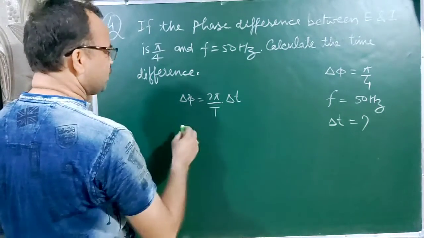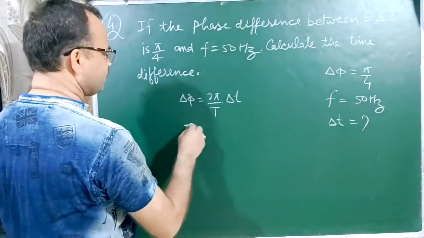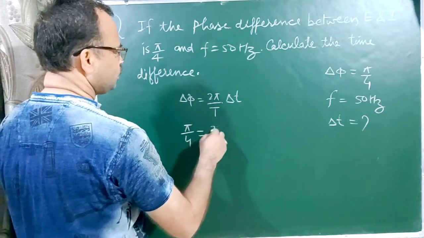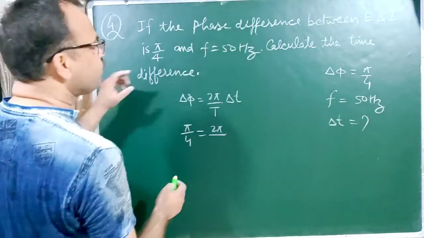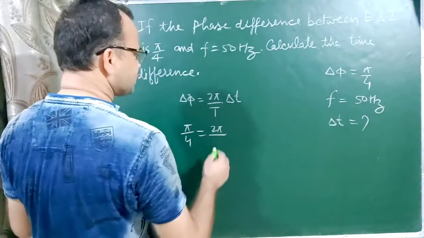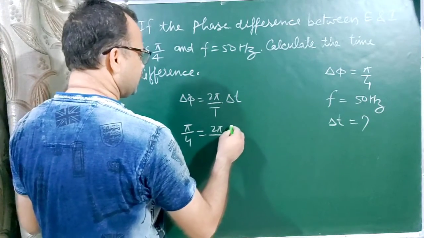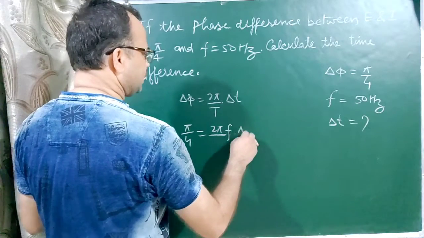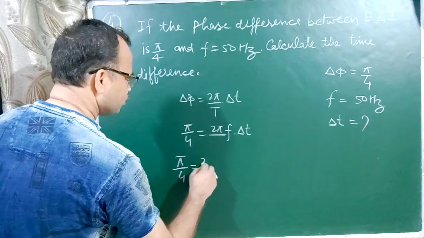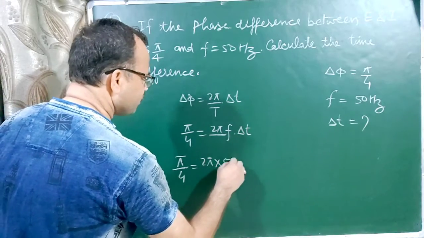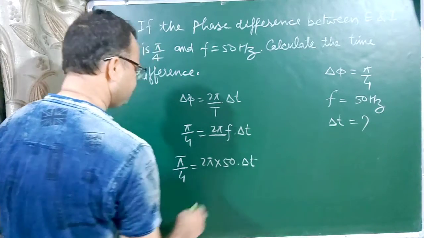The value of delta phi is pi by 4, equal to 2 pi upon T, and 1 upon T is equal to frequency. So we can write here 2 pi f into delta t. So pi by 4 is equal to 2 pi into 50 into delta t.